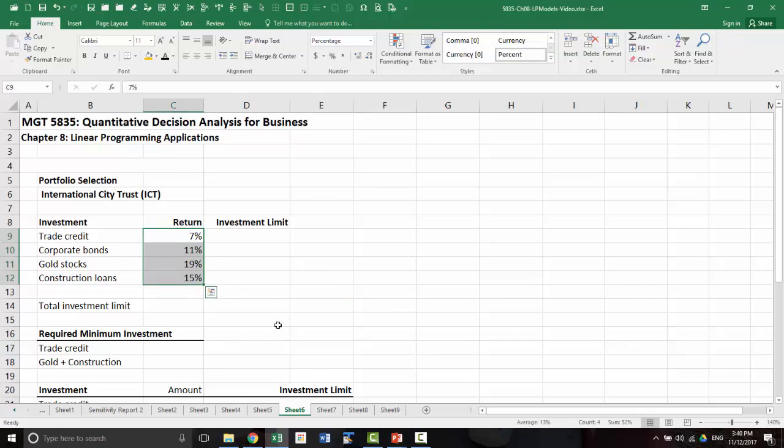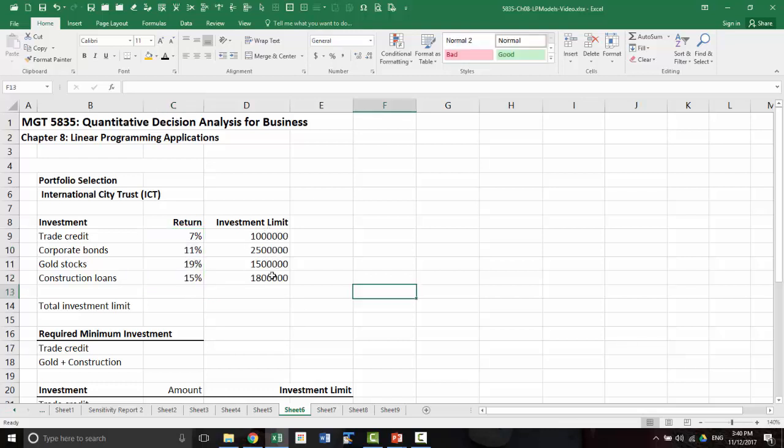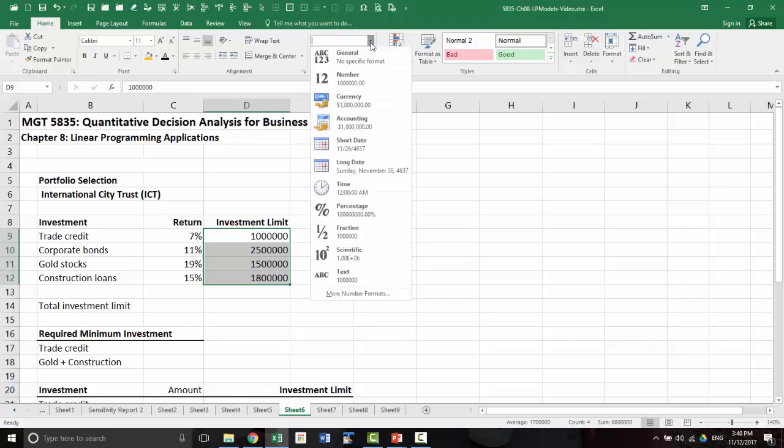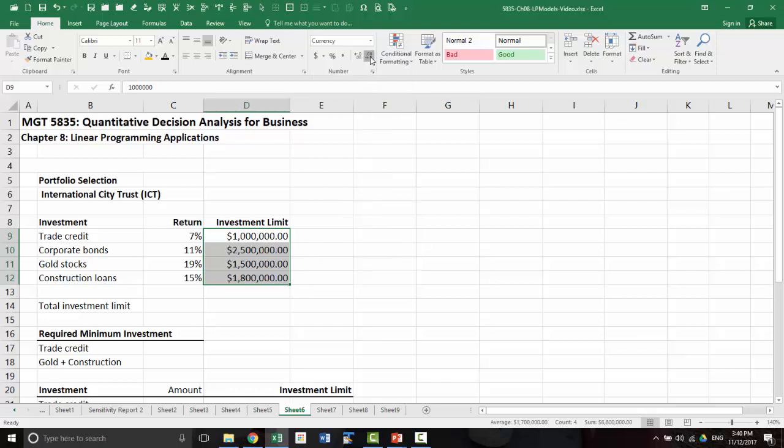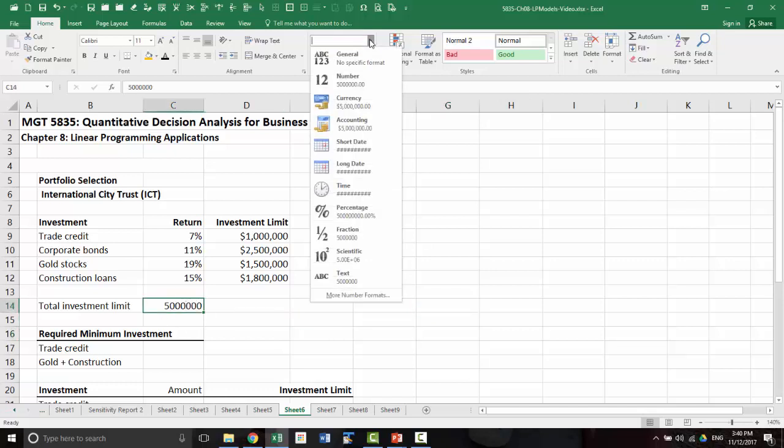The diversification requirement, that is the investment limit on each of these opportunities, is given here. We can set it up in millions or dollars, so I'm going to set this up in dollar amounts, and I'll get rid of the decimal places. The total investment limit is $5 million, and let's change that to currency as well.